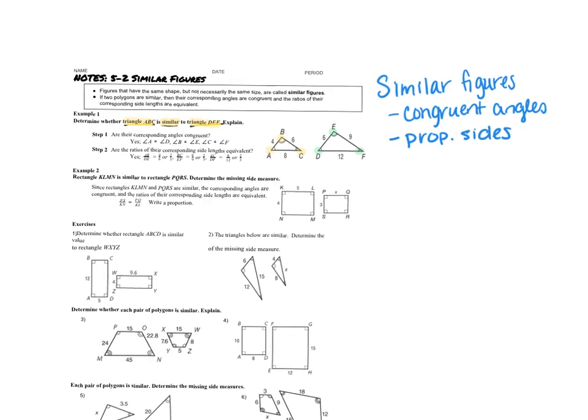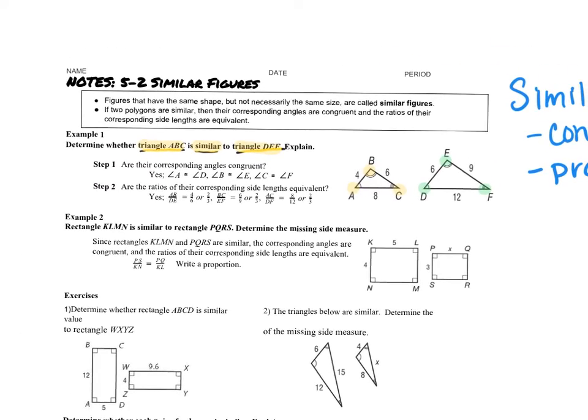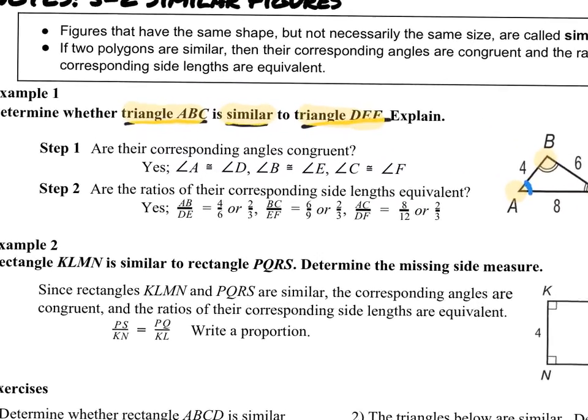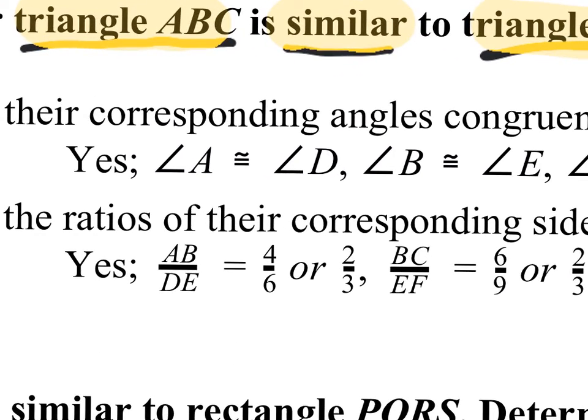So when we're talking about this, we're saying these two triangles are similar. So this angle right here, this angle A, is congruent to angle D. That means that if angle A is 30 degrees, then angle D is 30 degrees. Does that make sense? So congruent, this little sign right here, means congruent.